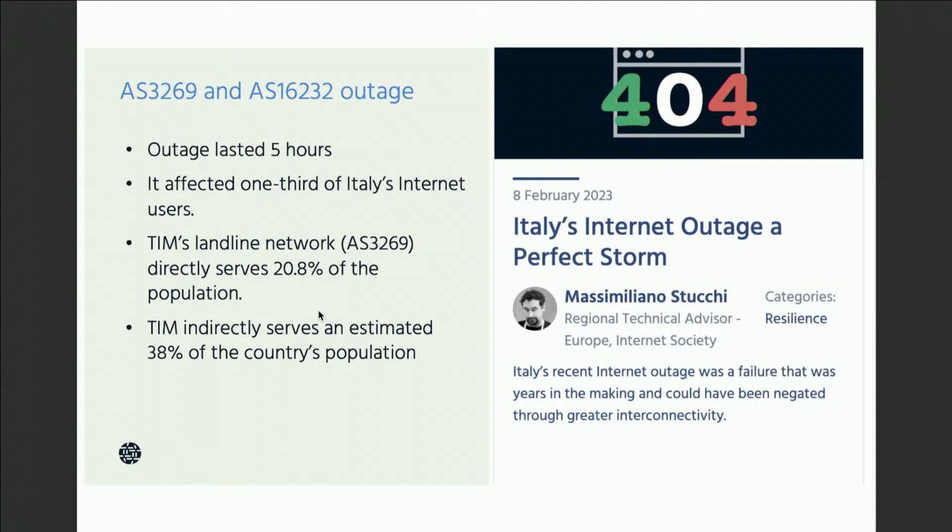Finally, this is a blog post that was written by Max, who did a presentation earlier today, about the outage in Italy, where Telecom Italia has only one upstream provider, which is Sparkle, and the link between Telecom Italia and Sparkle was broken. Obviously, because they do not have any alternative link, and also because of lack of peering, their customer base suffered a lot from this outage.